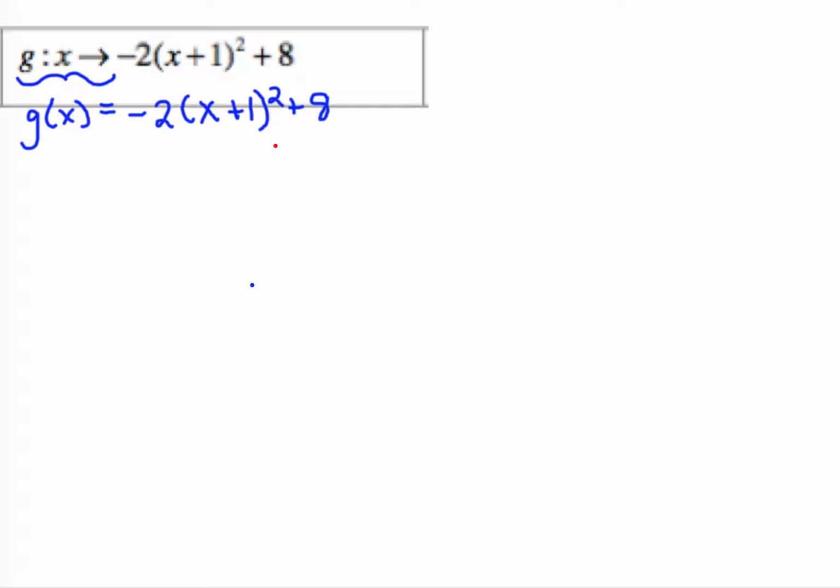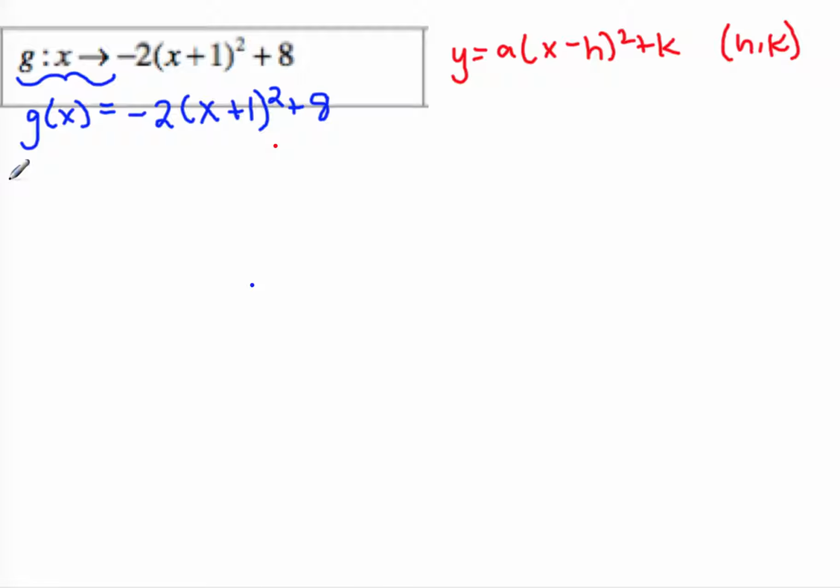And this form right here is known as vertex form. Vertex form is just a(x minus h) squared plus k, where h and k are your vertex. Named because it's easy to identify our vertex.